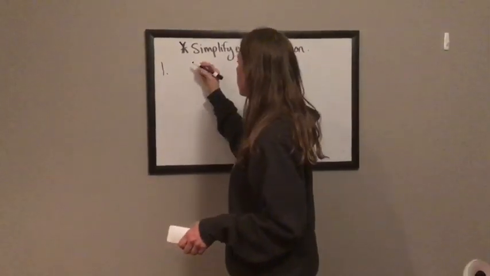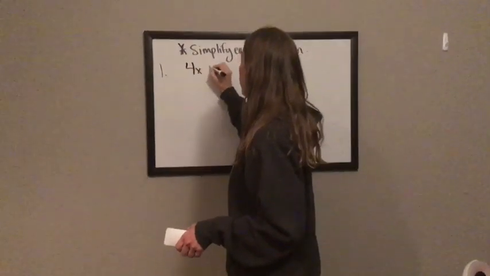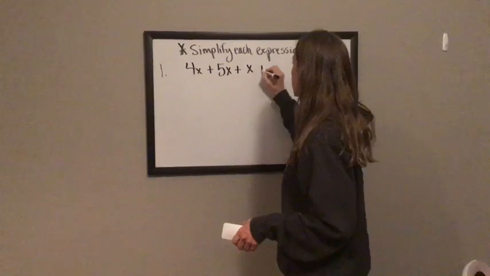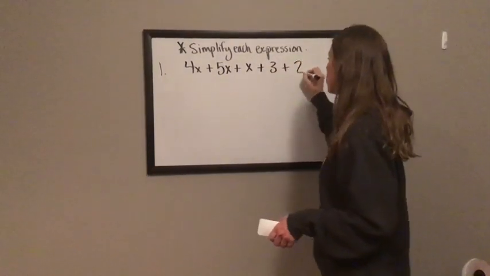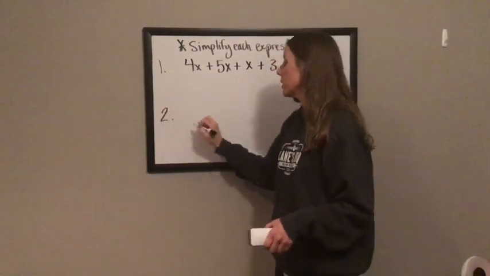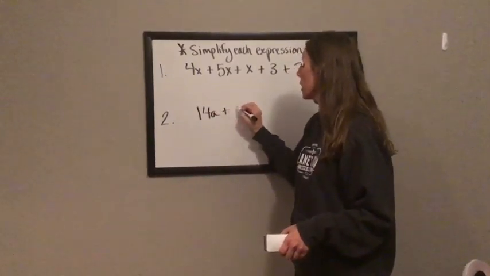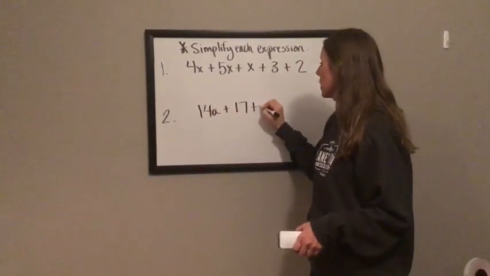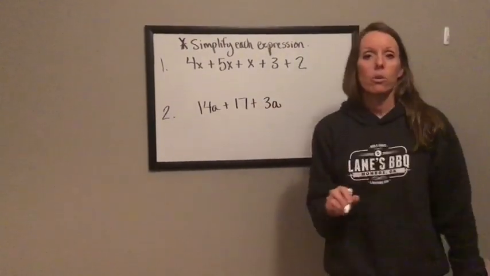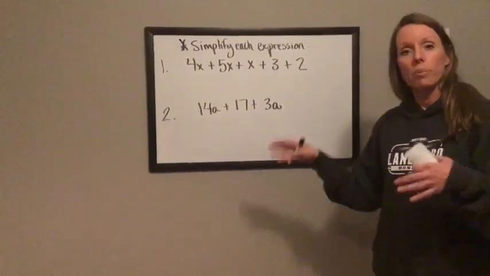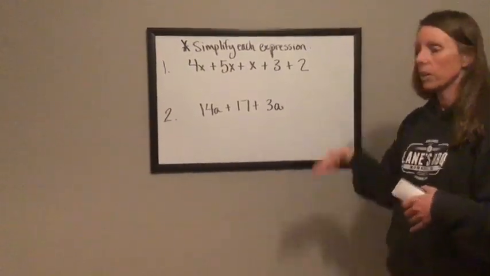The first one is 4x plus 5x plus x plus 3 plus 2. And the second one will be 14a plus 17 plus 3a. Go ahead, pause it, write them down, and then unpause it and get ready to rock and roll with me.